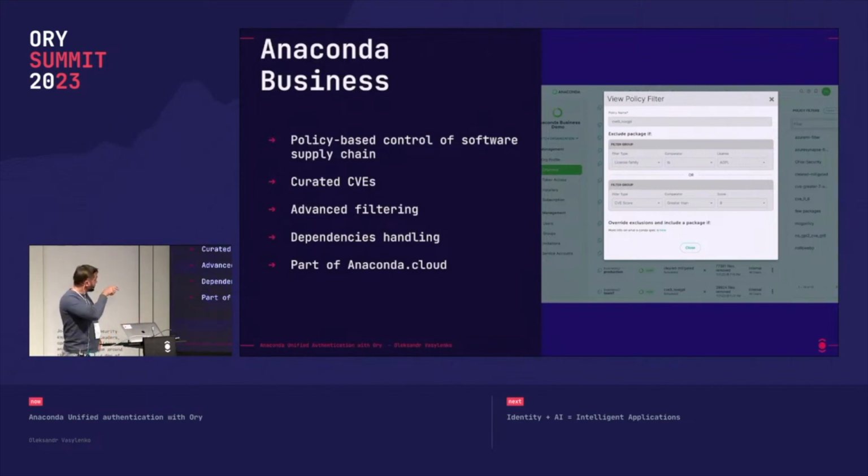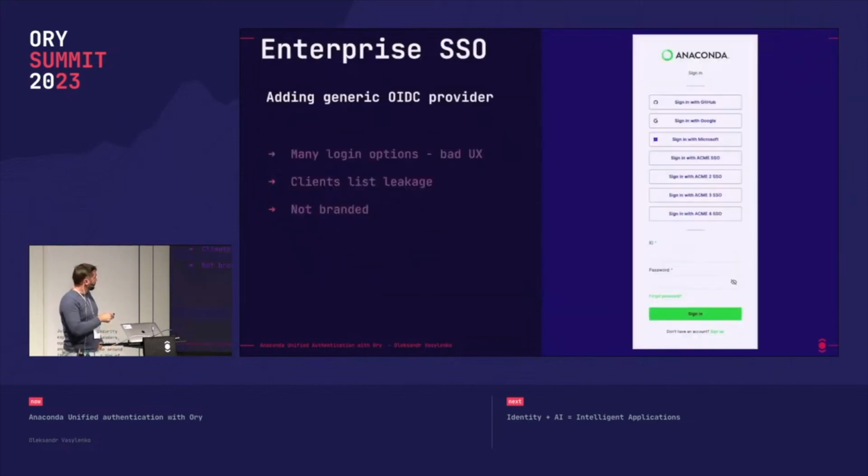This layer and component is integrated into Anaconda Cloud and uses the same authentication. From the beginning, for enterprise customers, it was a requirement to create an Anaconda Cloud account and use email and password to authenticate.